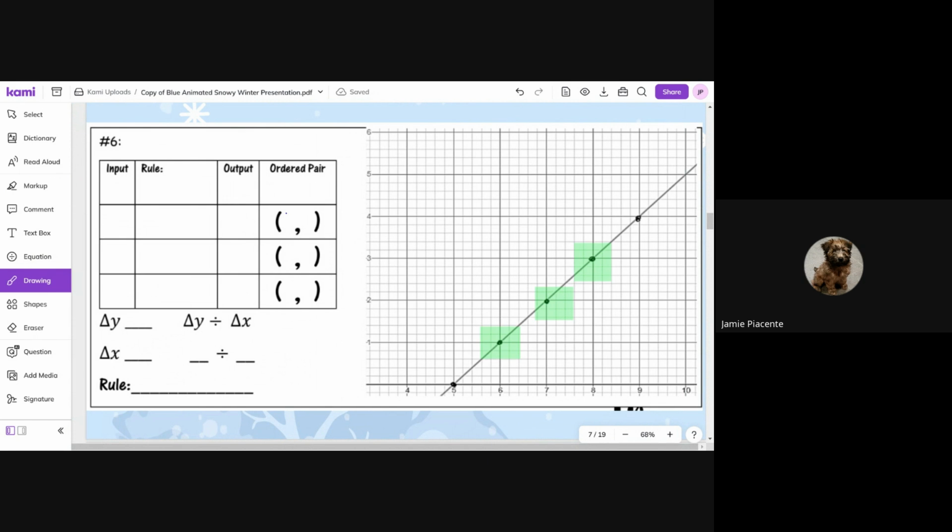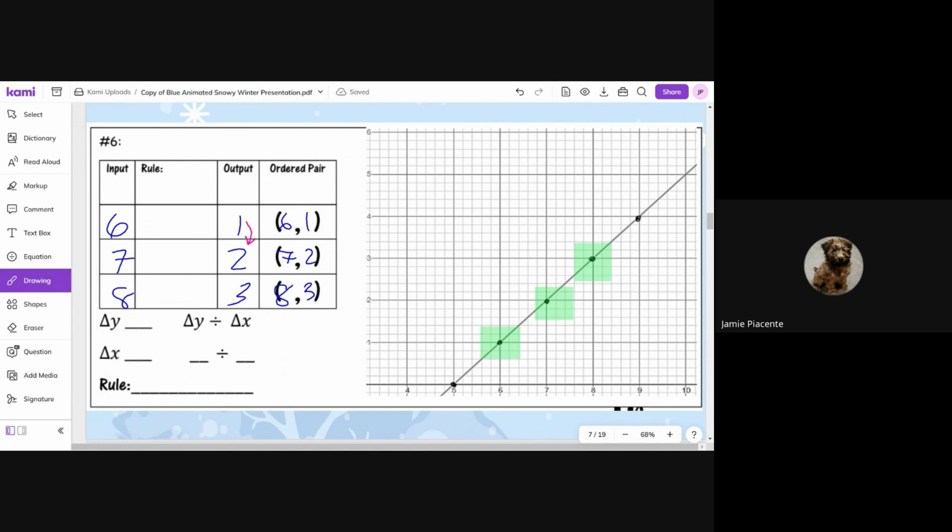Okay, so our first point is 6 comma 1, 7 comma 2, 8 comma 3. So stop right now, real fast. Do you have these points correct? If you do, awesome. If not, you got to fix them. Okay. 6 1, 7 2, 8 3.